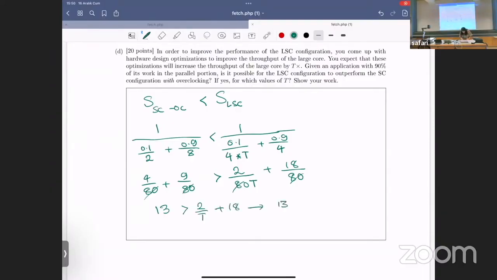So wait, actually, we don't need to do any more. This just doesn't happen, right? It just wouldn't work for any positive value of t. So the question was, is it possible? No, it's not possible.